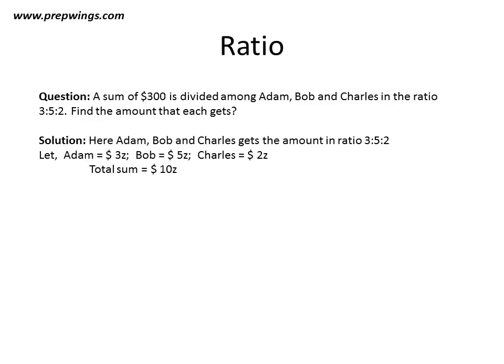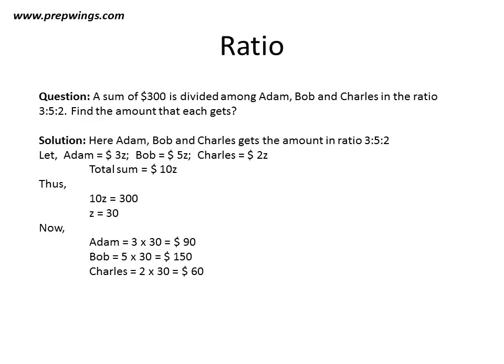So now let Adam get $3Z, Bob get $5Z and Charles get $2Z. Now the total sum of all three, which is 3Z, 5Z and 2Z, is equal to 10Z. So in all of them get $10Z. Okay, so 10Z is equal to $300 because in all $300 were divided among these three. So that gives us Z is equal to 30.